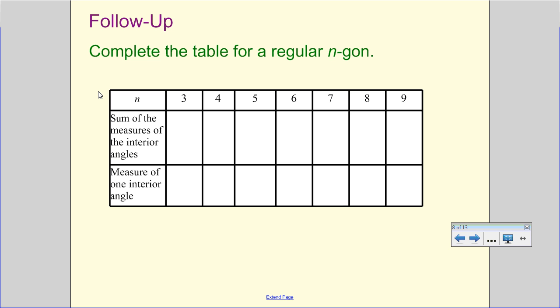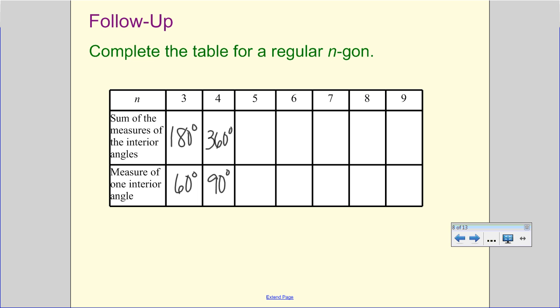All right, so if I have a triangle, 3 sides, it's 180 degrees. 180 divided by 3 is 60 degrees. 4 is 360 degrees. Divided by 4 is 90, and we know a square had 90 degrees. We did a hexagon already, that was number 6.